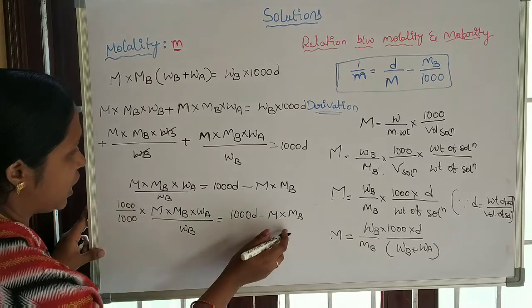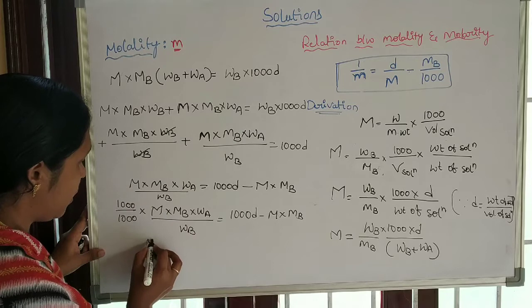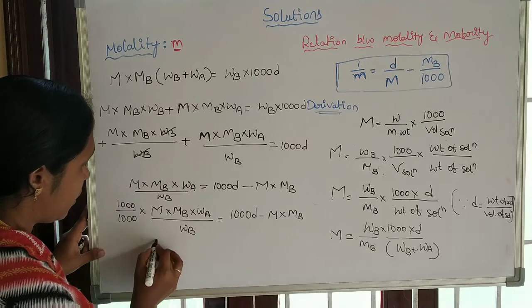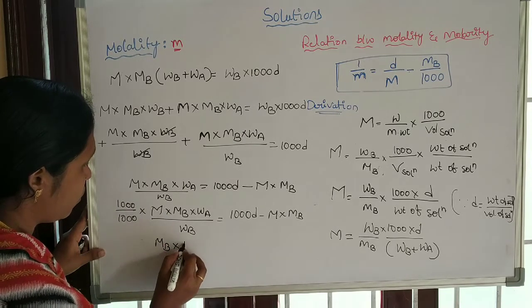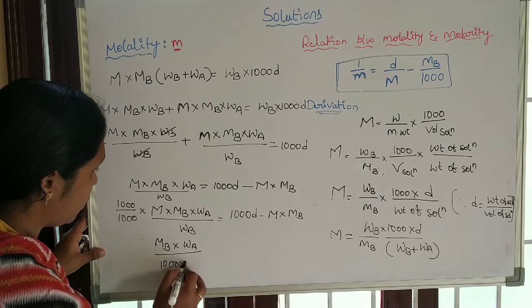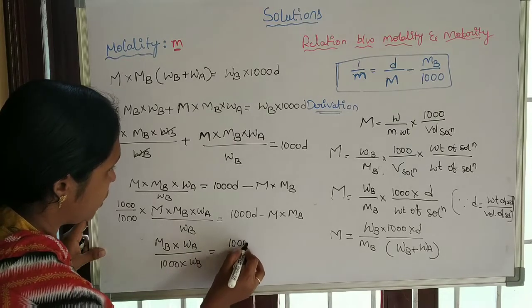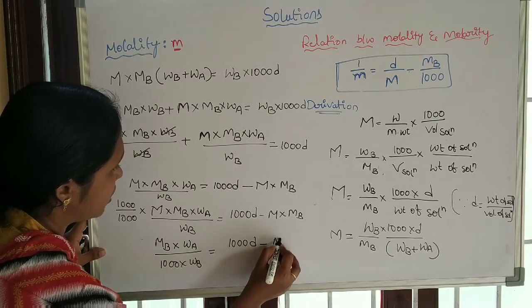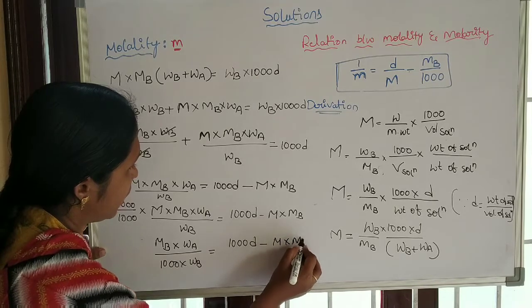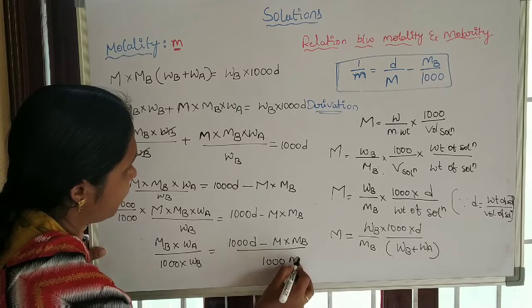The 1000 M, take to this side, here it multiplies, coming to this side it divides. So MB into WA by 1000 into WB equal to 1000 D minus M into MB by 1000 M.